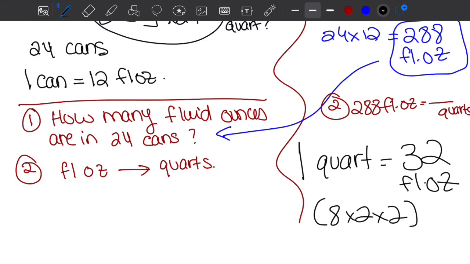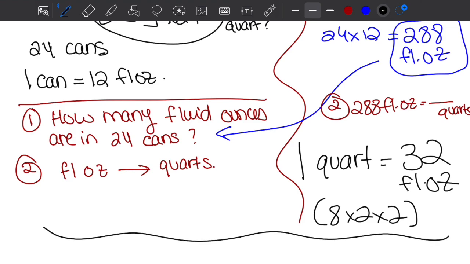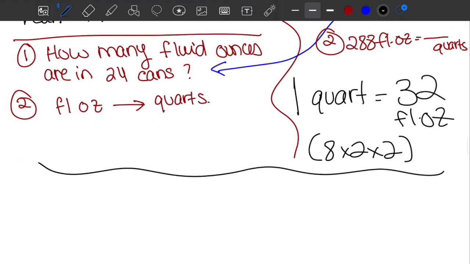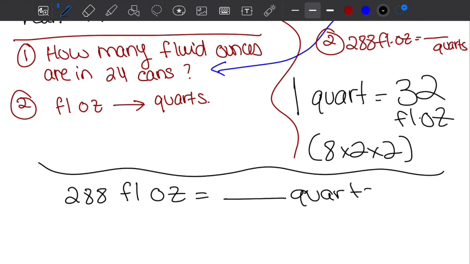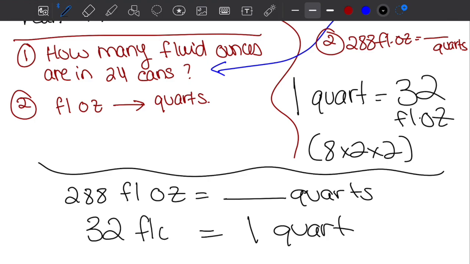Now, I need to line that up. So I apologize for how messy my screen is right now. So I'm going to just rewrite the question so that we are organized again. I'm not doing any math right now. I'm just rewriting step number 2. I know that 1 quart is equal to 32 fluid ounces. Now, how do I get from here to here?